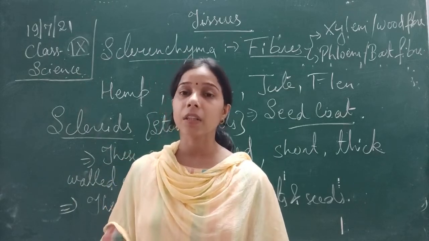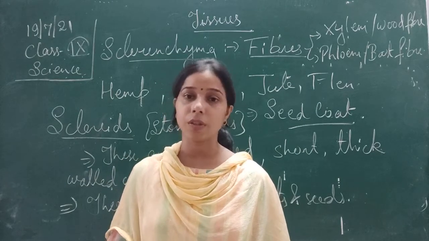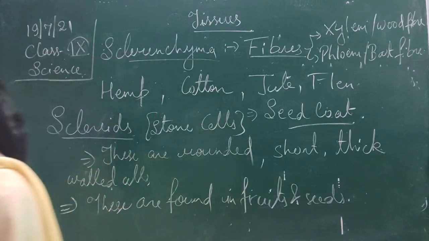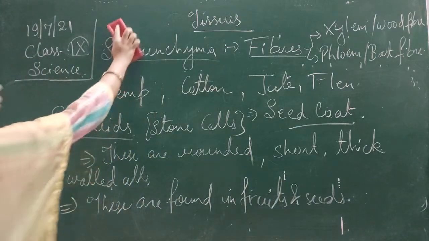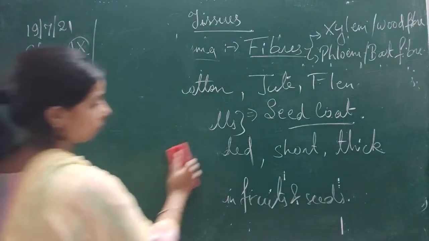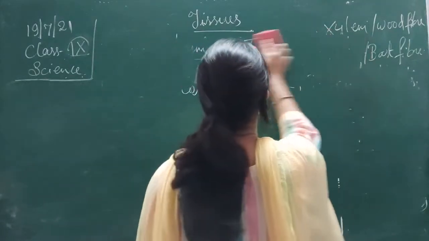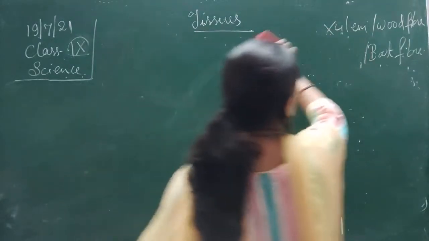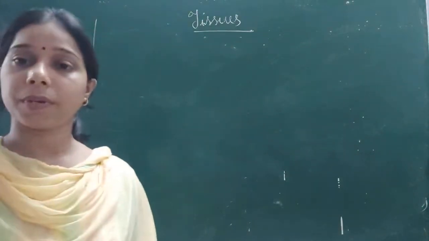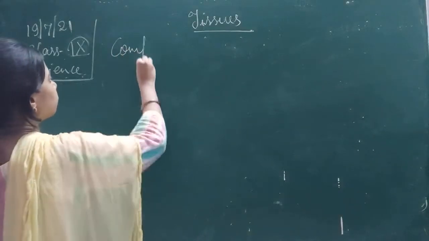That's why this tissue becomes a complex tissue, and that is why we use the name complex permanent tissue. So next one is the complex permanent tissue.